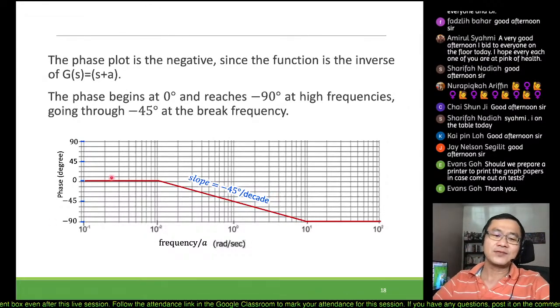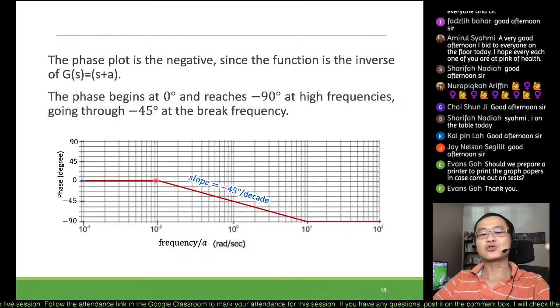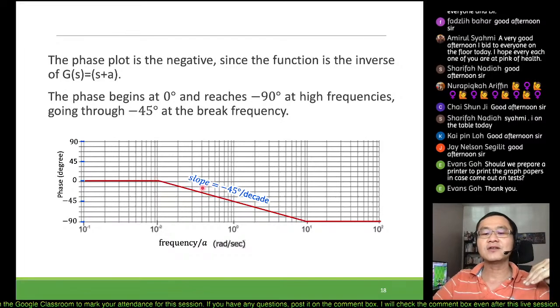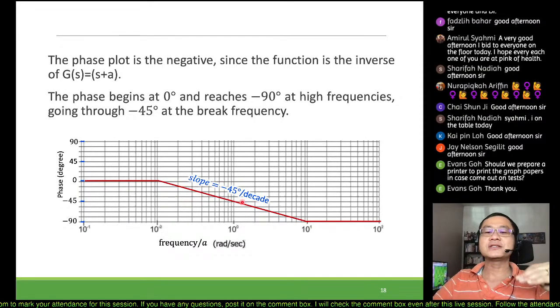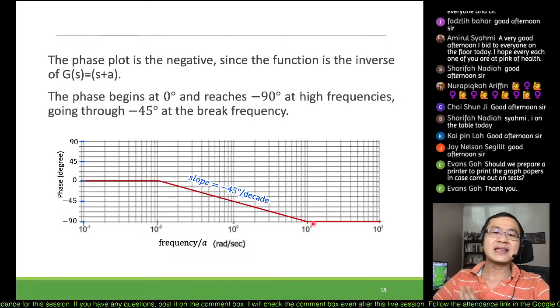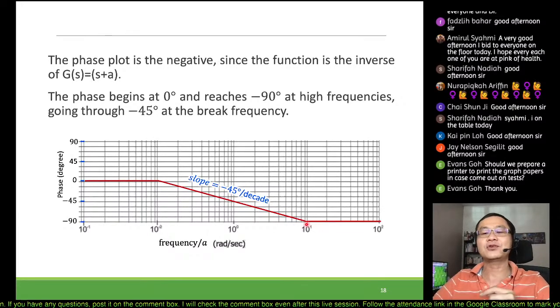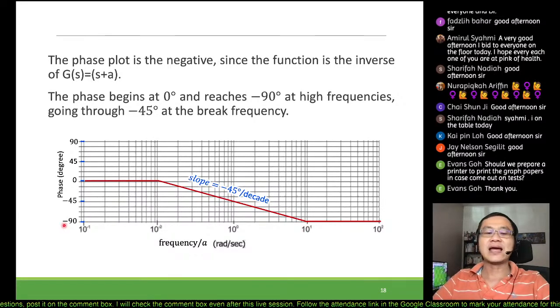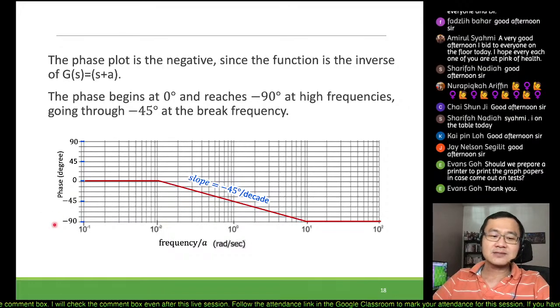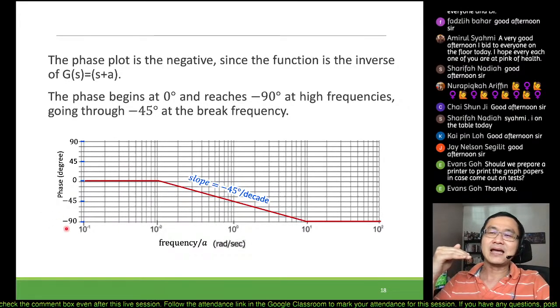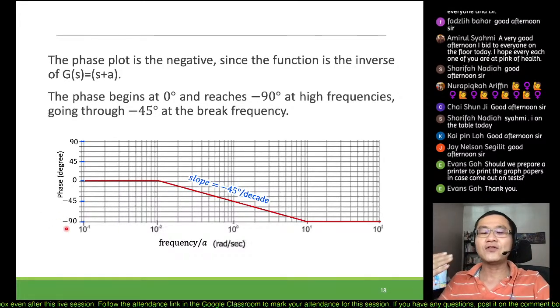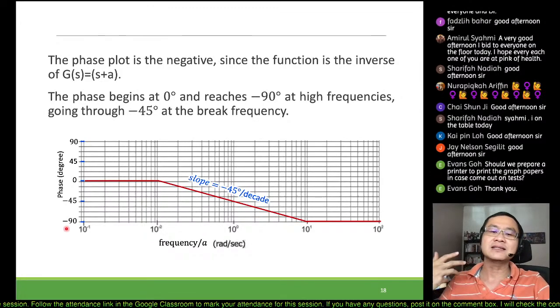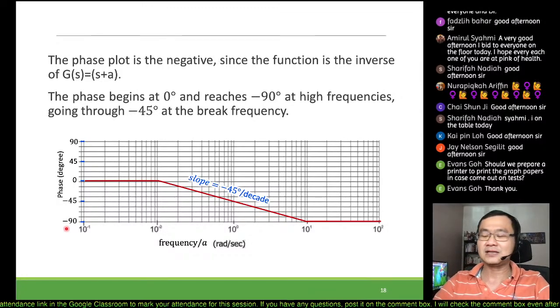So we have 1 decade before, we will start to plot it with that particular slope, minus 45, through the break frequency, and to 10 times, a decade after the break frequency, and then come back to the 90. Since it is in the negative direction, the angle would be minus 90, instead of 90 degrees, right?